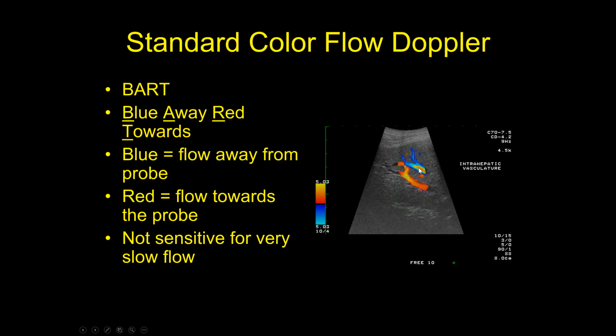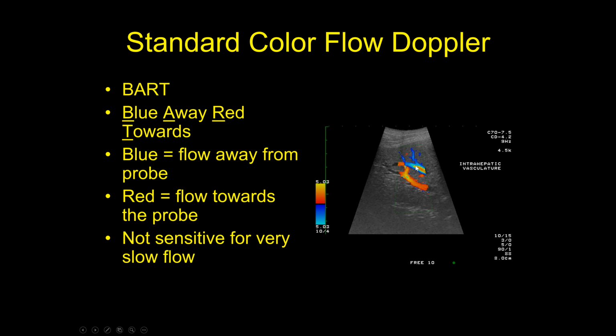Okay, so what makes the difference? Well, what you have to do is remember this acronym, BART, and that stands not for Bart Simpson, but for blue away, red towards. The color depends on where the probe is. Again, our probe is up here on the top.